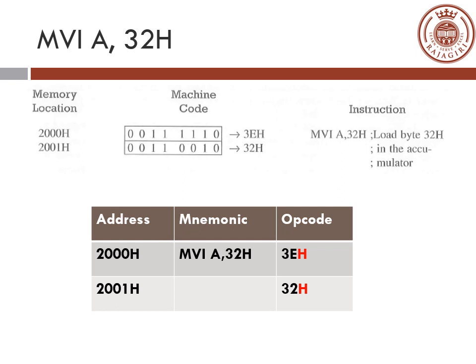When the processor fetches 3EH, it understands that the operation to be performed is MVI A, and to perform that operation you need a value, in this case 32H, which is stored in memory location 2001H. This is a 2-byte instruction. First you fetch the opcode, and after that the memory read.